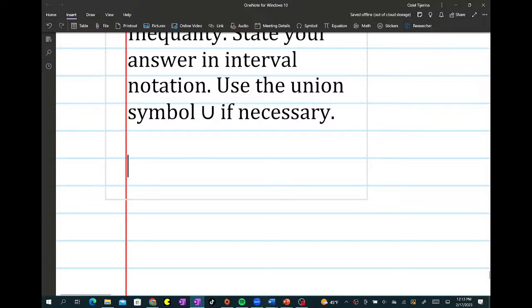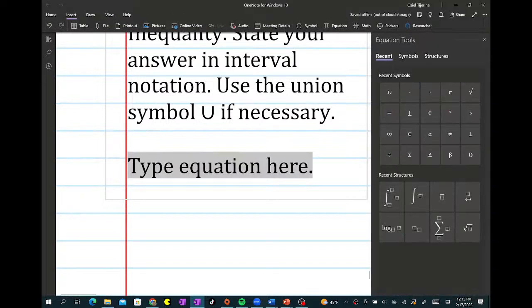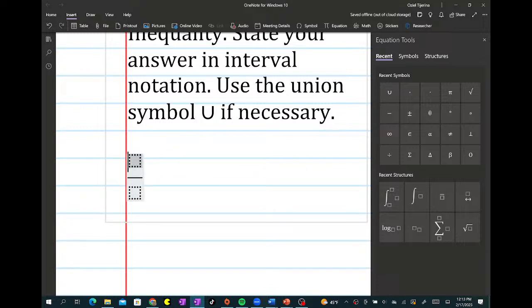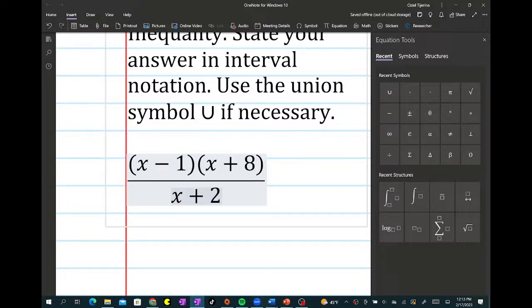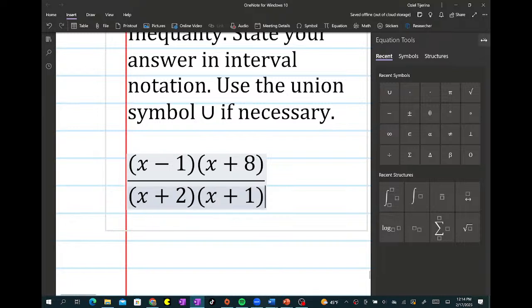The problem we're going to do is a lot harder, but the good thing about it is that the quadratics on top and bottom are already factored, so we don't need to factor anything here, whereas sometimes in algebra they give you problems where you do need to factor. Then x plus 2 times, and I can't take off the parentheses because they're being multiplied.